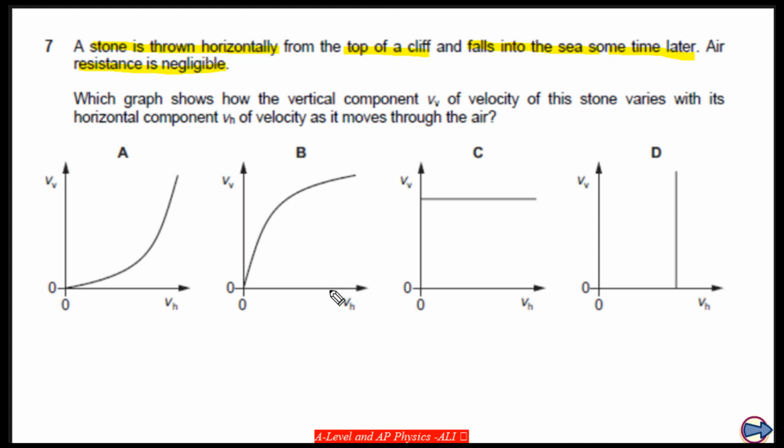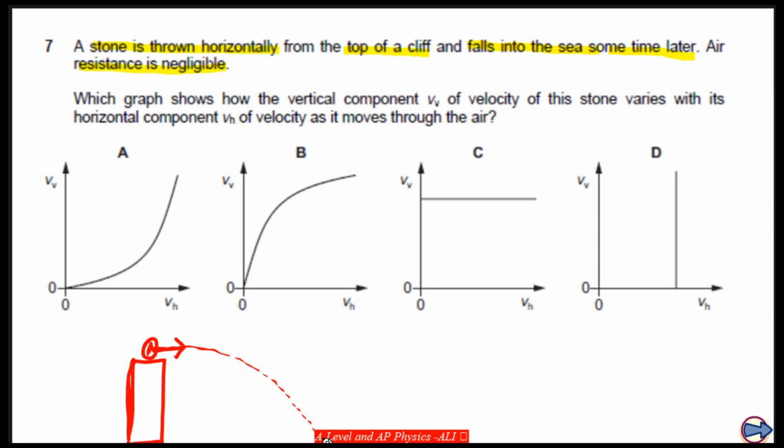As it is given to us, there is no air resistance. So we can also sketch this one first of all. Let's try to sketch. This is the stone thrown horizontally from the top of a cliff. So it is projected horizontally, and it will go like this.